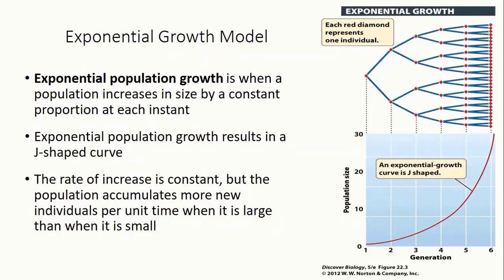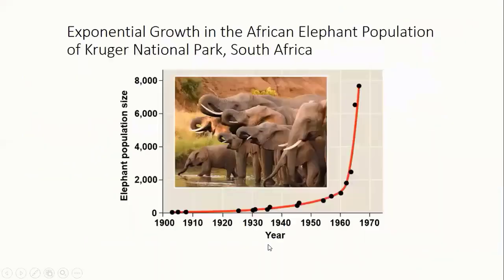Even though the rate of increase may be the same, the number of individuals is increasing exponentially. So it goes from this mild slope to the slope becoming steeper and steeper and steeper. When you have a high number of individuals, that population is just booming. So there's a huge amount each generation, or each month or each year, however you're measuring this.